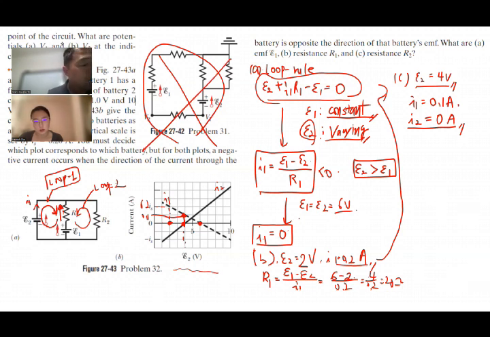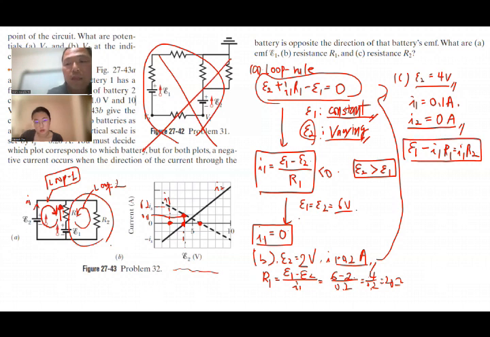So here, R2, if you look at loop 2, that is based on the loop rule, that is E1 minus I1 R1, the same as I1 R2.